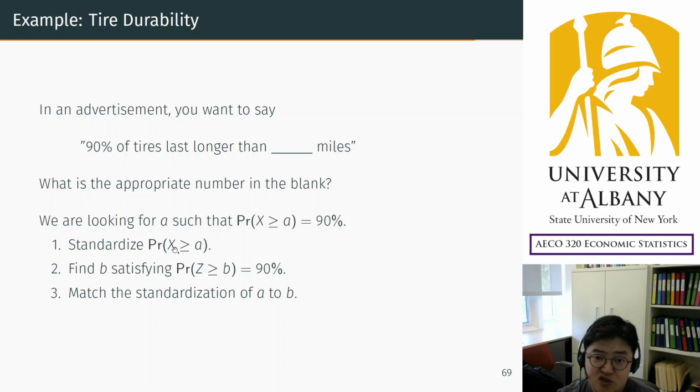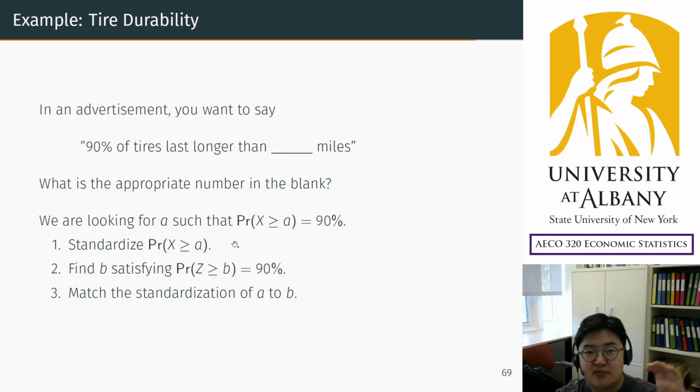First, as usual, we are going to standardize X into a standard normal distribution. In this step, we do not use 90%. 90% is used in the second step to find B, which is the bottom 10%, right?